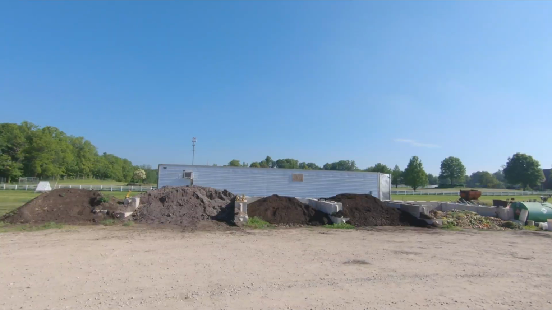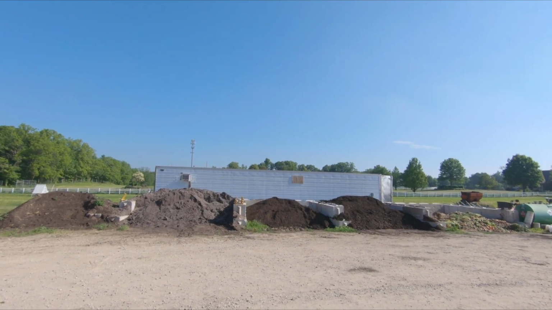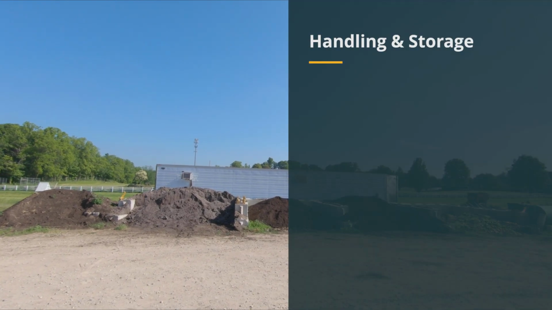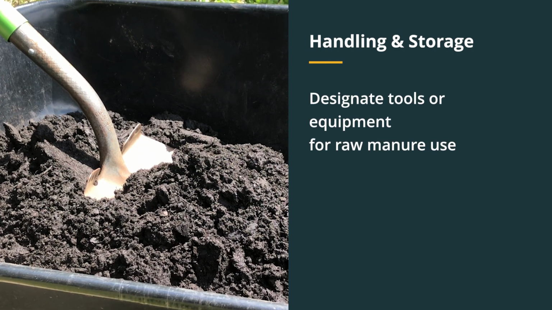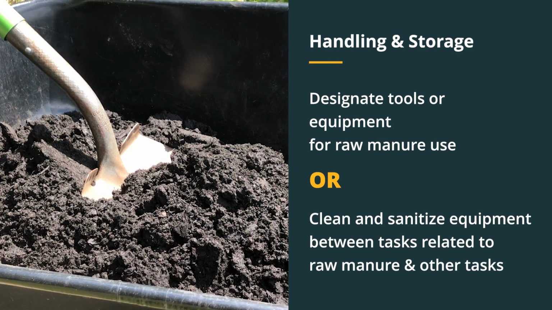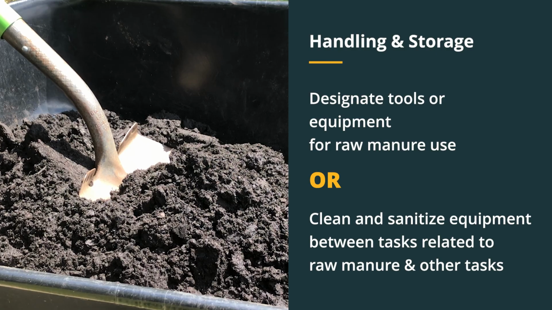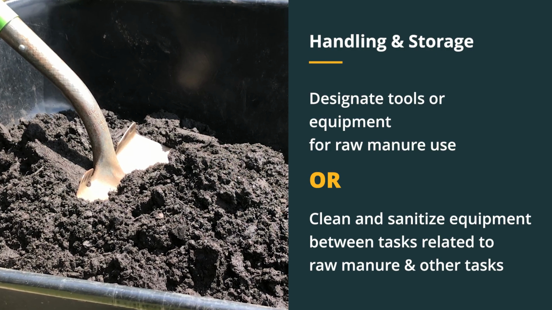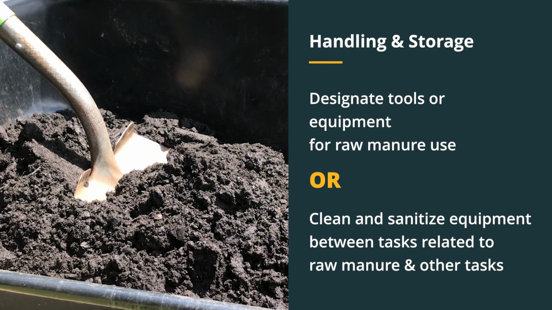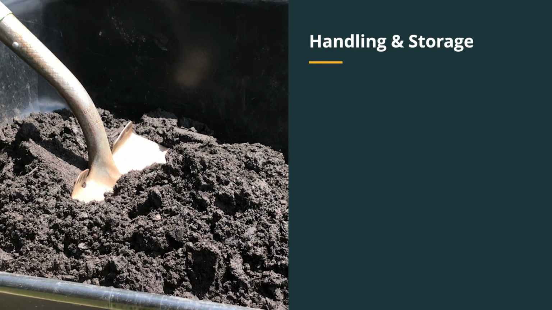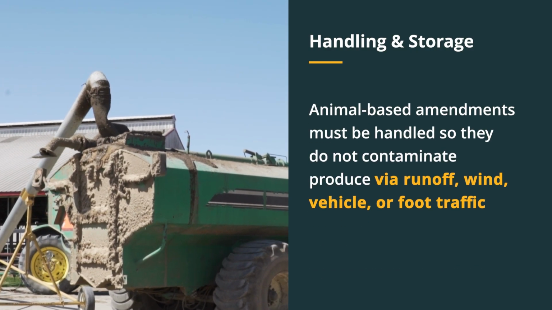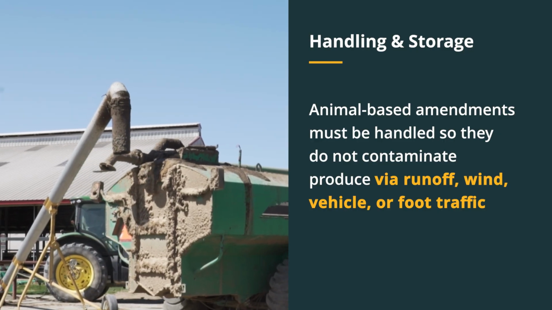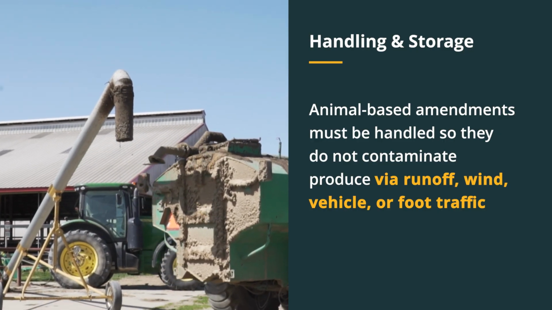There are requirements related to the handling and storage of animal-based amendments. If you are making or handling untreated animal-based amendments on the farm, designate tools or equipment for raw manure use, or clean and sanitize equipment between tasks related to raw manure and other tasks to reduce the potential for cross-contamination. The Produce Safety Rule requires that animal-based amendments must be handled so that they do not contaminate produce via runoff, wind, vehicle, or foot traffic.